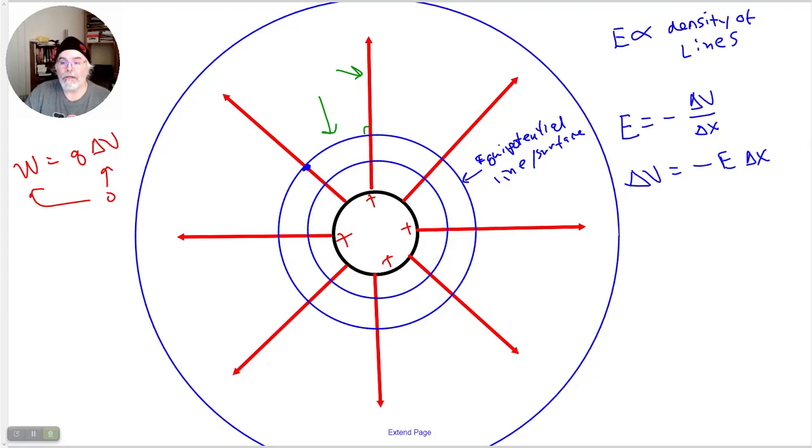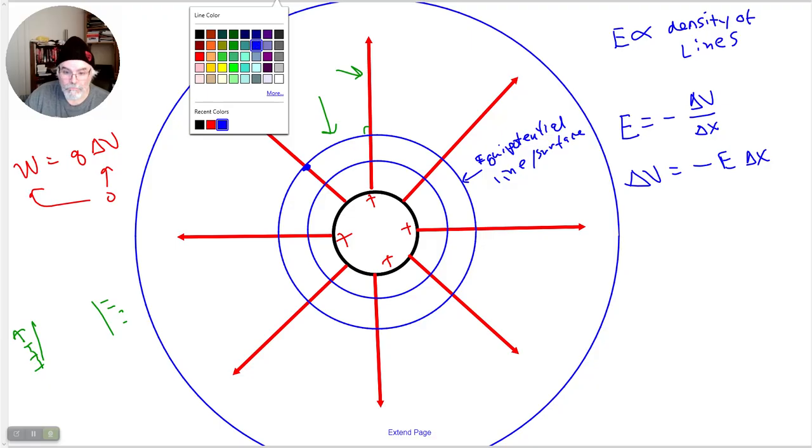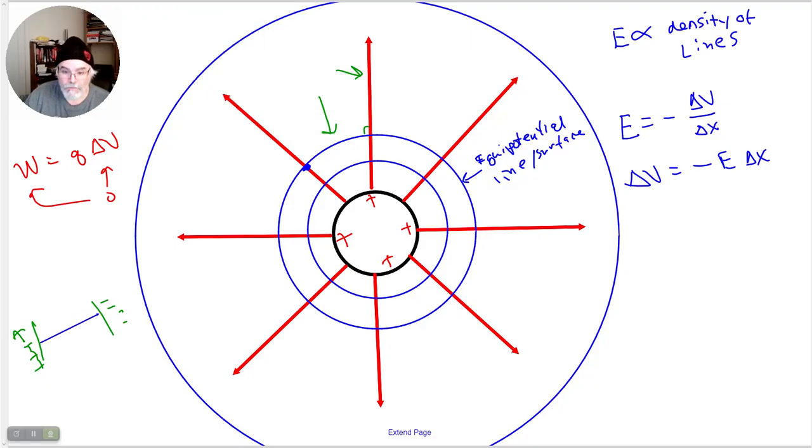So if I had a uniform field, if I had 2 plates, and there's a uniform field in between, and I want to do field lines, then go with blue, right? Field lines. Well, they'd be evenly spaced. They're not here, but I'm doing the best I can. Those are my field lines.